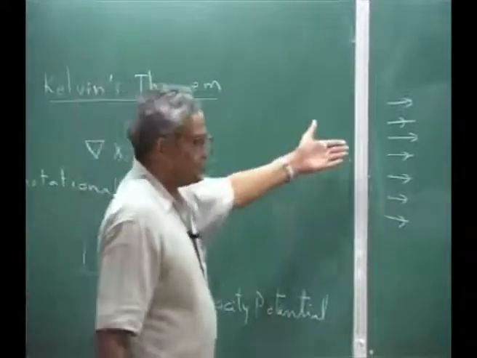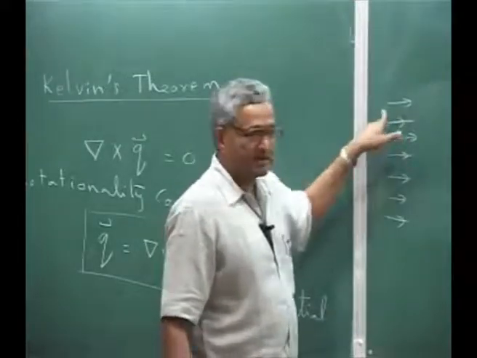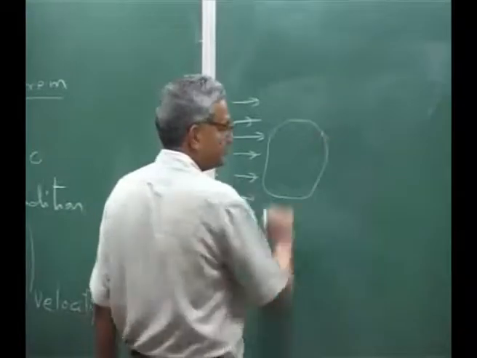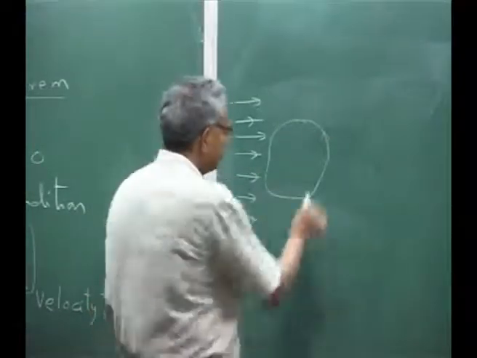Then circulation is 0, because q is the same. So you take any closed path, and your gamma, the integral of q dot dr, is 0.